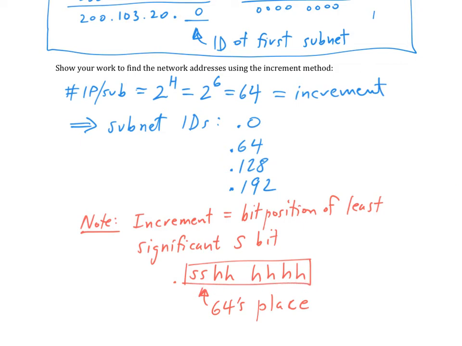And there's a rule that says that the increment you use in incrementing from one subnet ID to the next is the bit position of the least significant S bit, and this works here. This is the 128's place, that's the 64's place, and so the increment is 64, where this is the least significant S bit, okay?